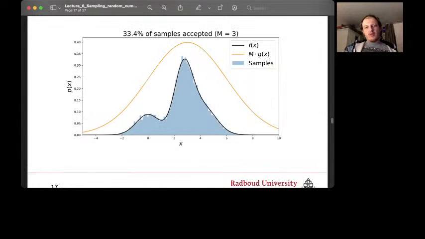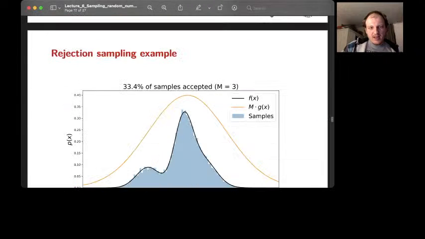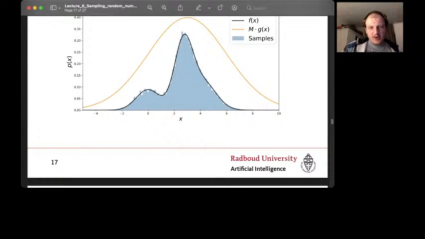It's also helpful if you actually draw something like that on the exam. So you have your target distribution, you sample from this one, you sample from the orange one, and then you check if the value that you sample here is actually bigger.